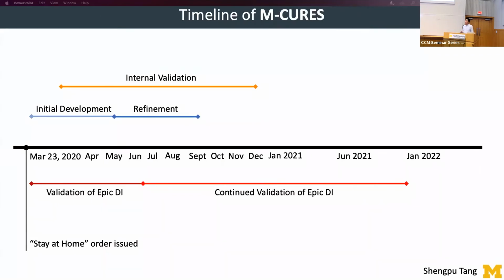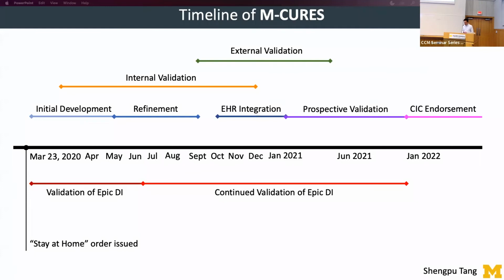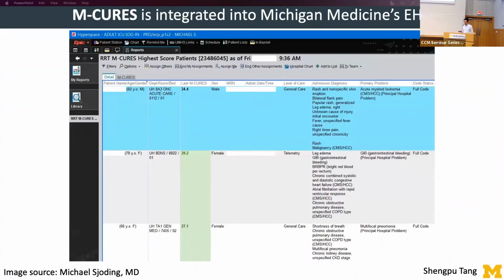So at the same time as the external validation, we were also working hard to integrate our model into the EHR system at Michigan Medicine. And right now, the MCURES model has been running at Michigan Medicine since last year, and providers can now log into their patient's chart and pull up the MCURES scores for their patients.